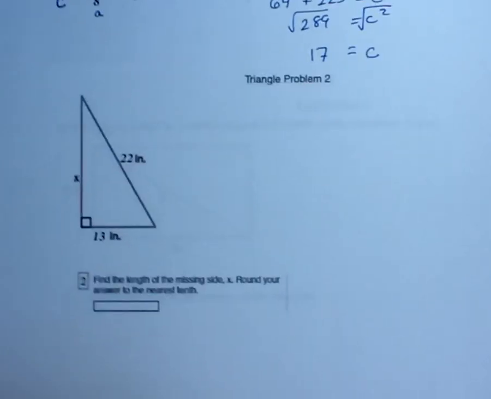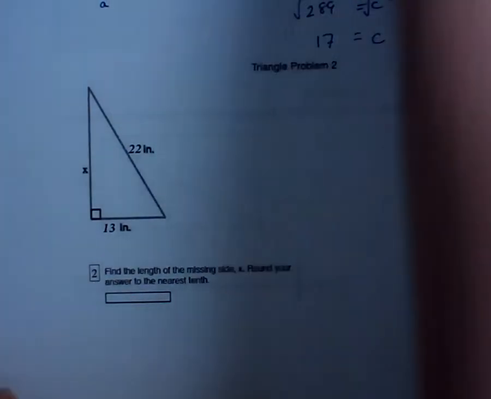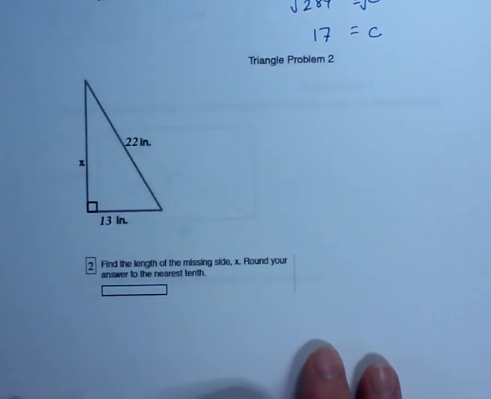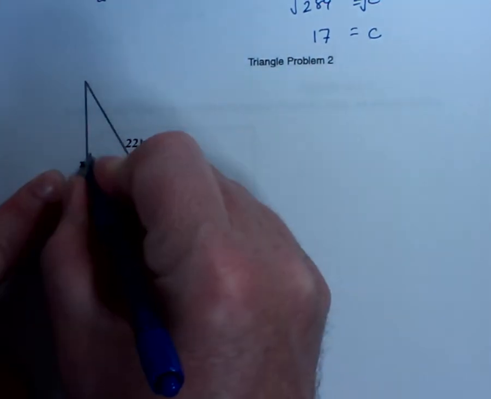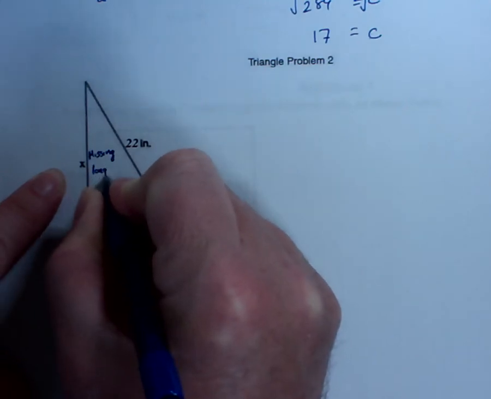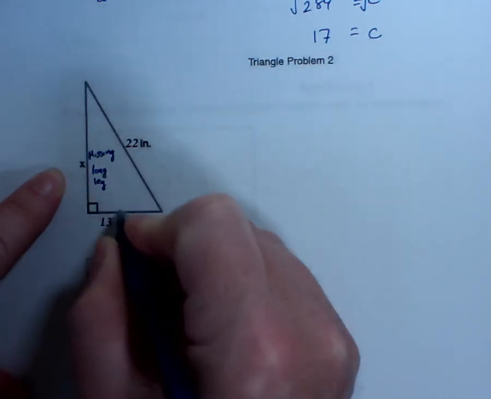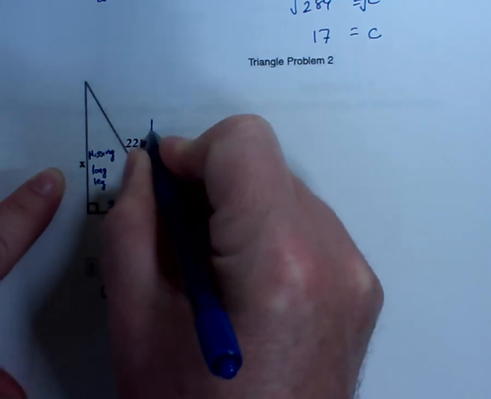Triangle problem 2. Here we have a missing leg. We call it the long leg often. You know the short leg, and you know the hypotenuse.